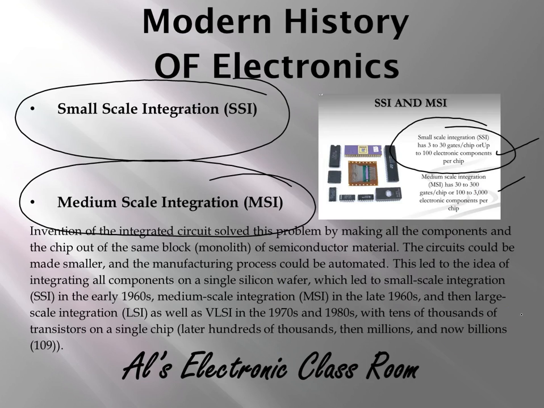So basically, what we're doing here is putting more and more electronic components in a small standard area, which, think about it, the more things I can place in a small area, I can now just take this integrated circuit and place it on a circuit board. I cut down on a lot of labor costs.